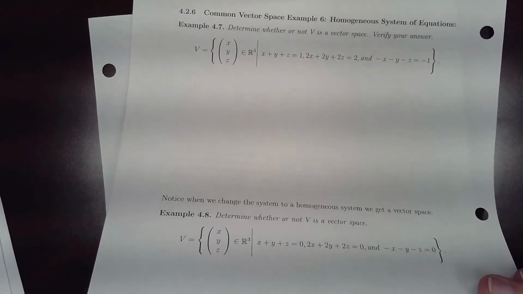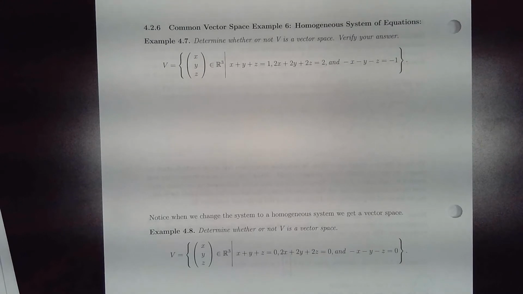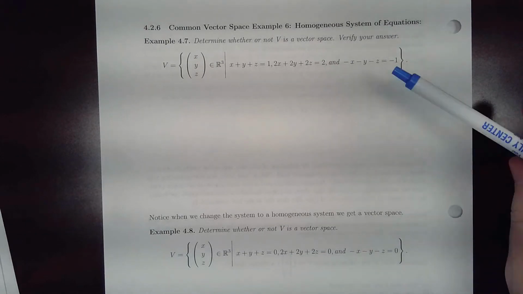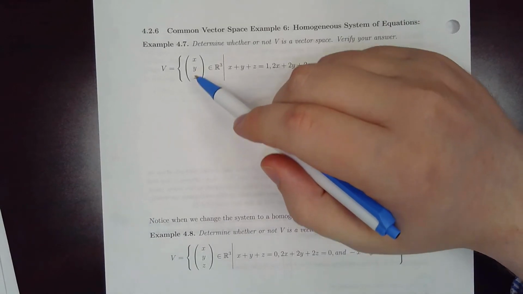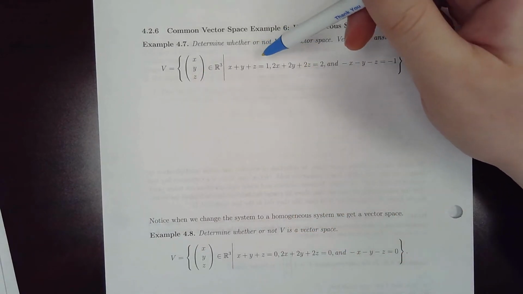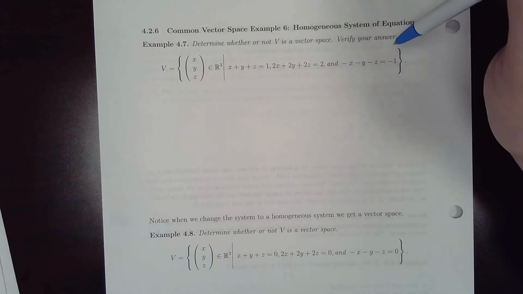All right, so let's look at, say, 2 other examples. We want to determine whether or not this subspace is going to be a vector space. So here what we have is a set of some vectors, and we have conditions on those vectors. So we need to satisfy these equations.